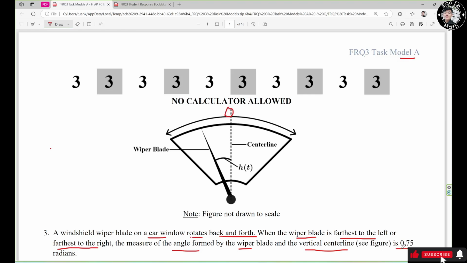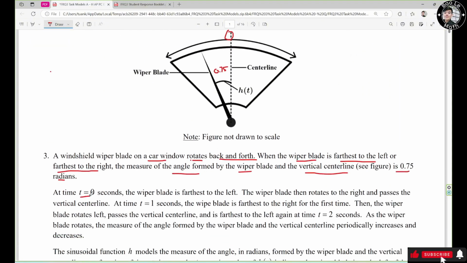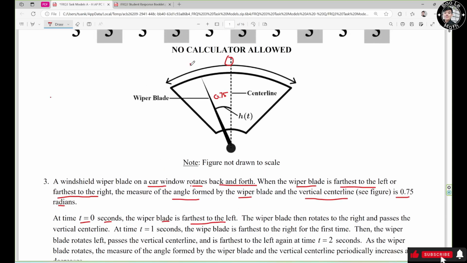Is 0.75 radian, right? Which means this one is 0.75. At time t equals 0 seconds, the wiper plate is farthest to the left. So this one is t equals 0. The wiper plate then rotates to the right and passes the vertical center line.